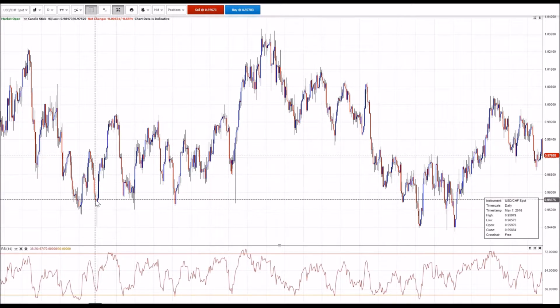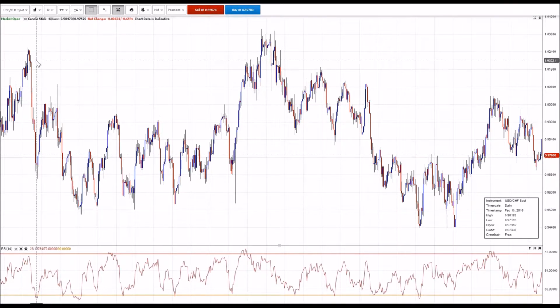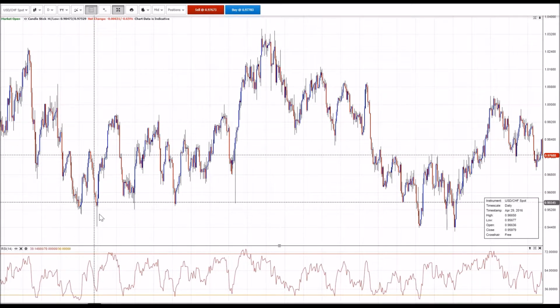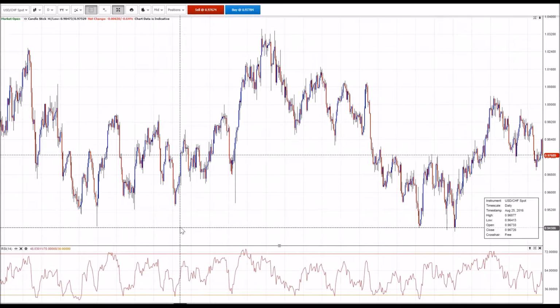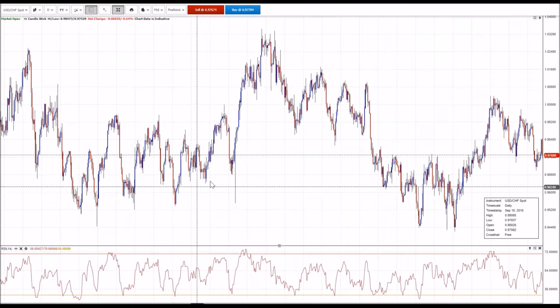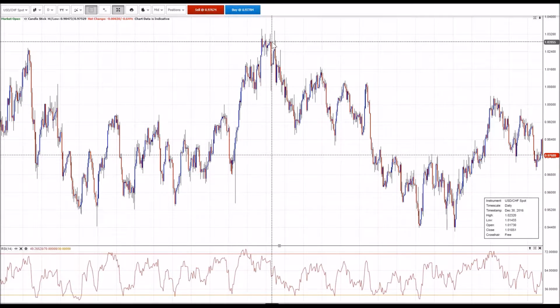And in 2016, the market slid for the first half of 2016, spent a big chunk of the summer going sideways in the sort of 0.94 to 0.96 area, and then rallied. Last year ended up being not quite a carbon copy, but a similar sort of move.